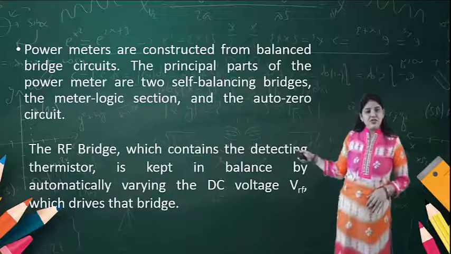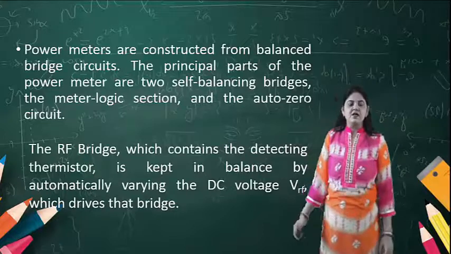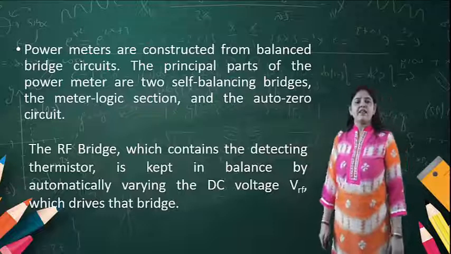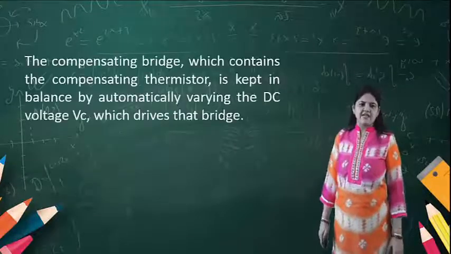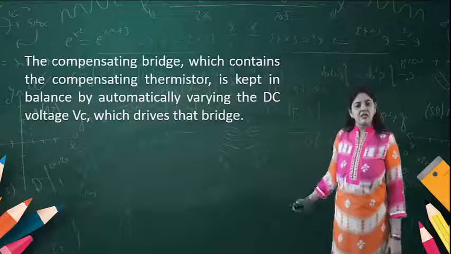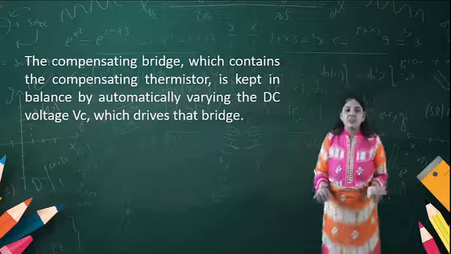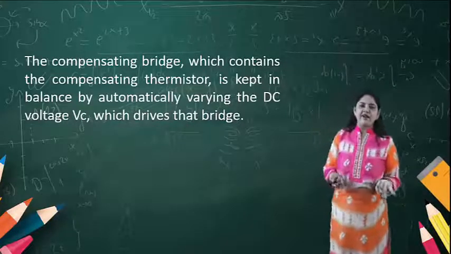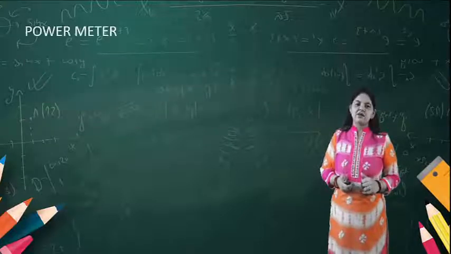The RF bridge, which contains the detecting thermistor, is kept in balance by automatically varying the DC voltage V reference, which drives that bridge. The compensating bridge, which contains the compensating thermistor, is also kept in balance by automatically varying the DC voltage which drives the bridge.